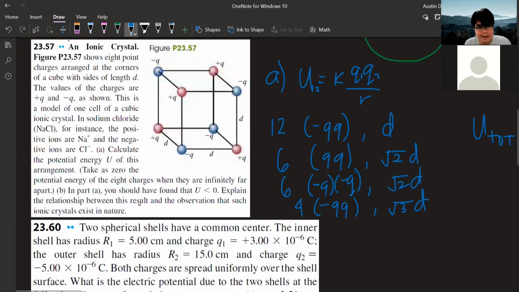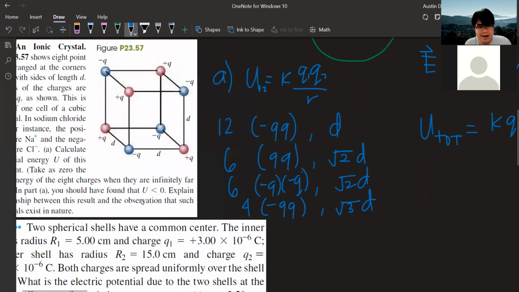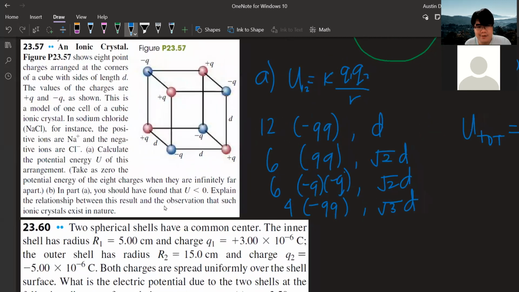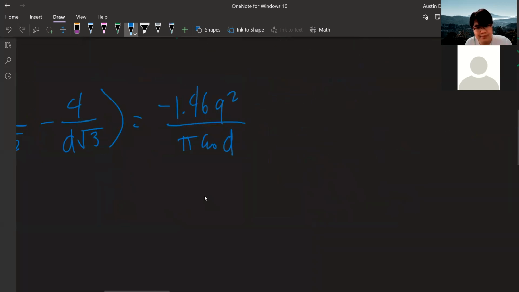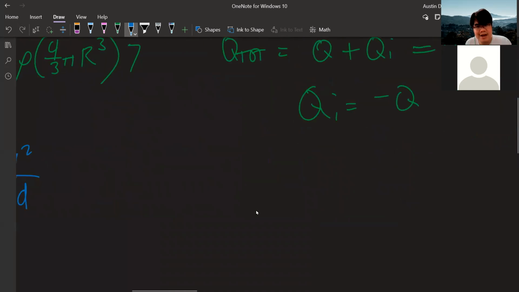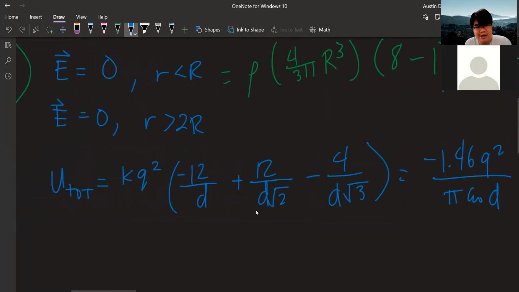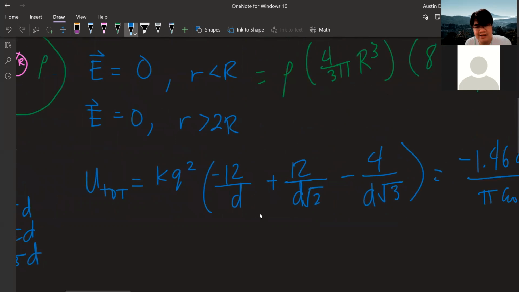Next would be, in part A, you should have found that U is less than 0. Explain the relationship between this result and the observation that such ionic crystals exist in nature. Okay, kapag mababa yung energy mo, favorable yun. Favorable for a state to go in. Yung mga tataas na energy, ayaw ng nature natin yun.